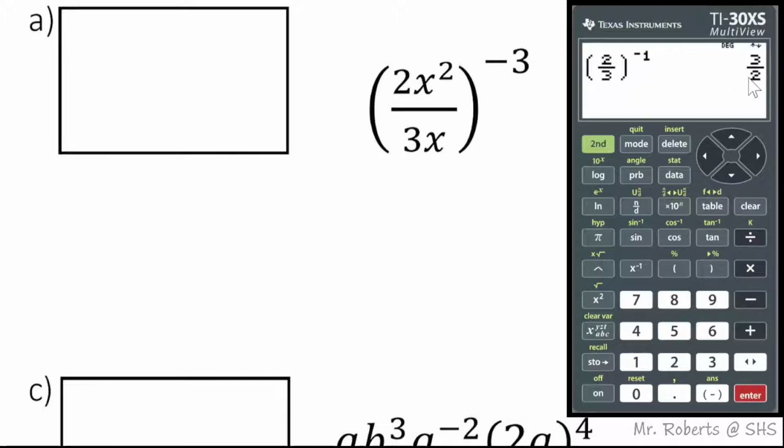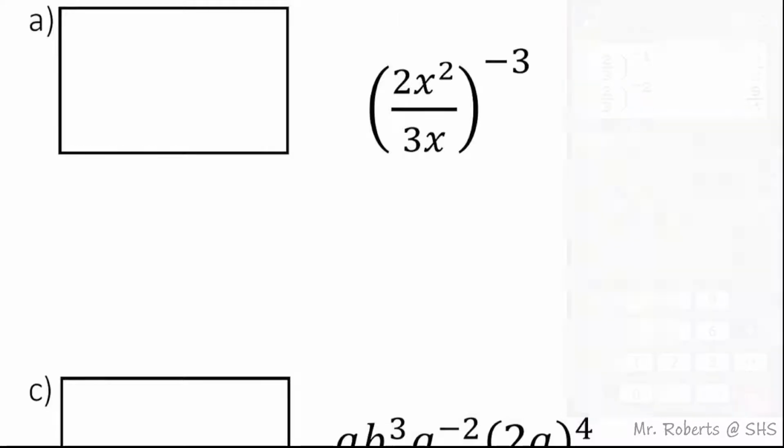It became 3/2. If I was raising this to the negative second, watch what it does. So you can see it does the reciprocal, so it becomes 3/2, but then it squares that, so it becomes 9/4. So by observation, we can infer that this is nice.